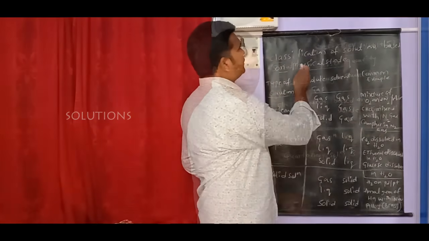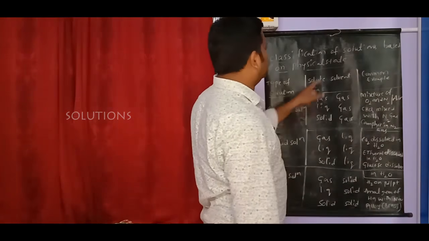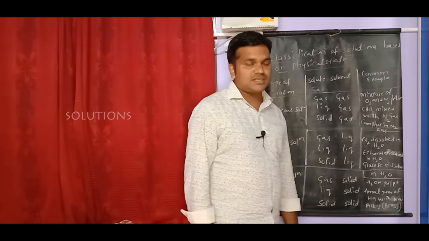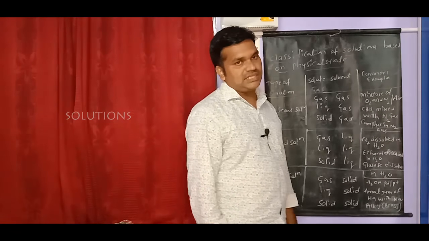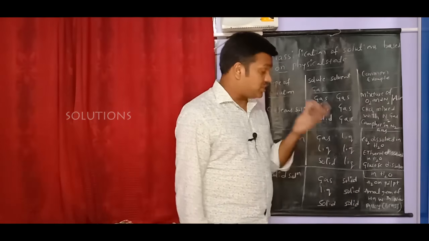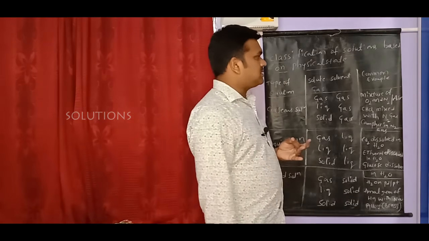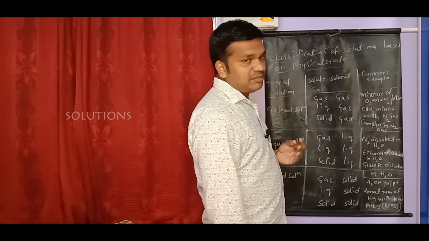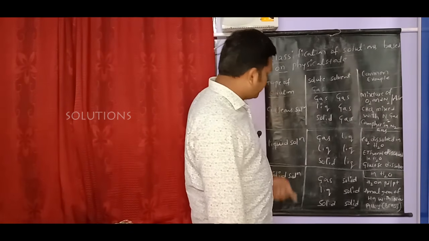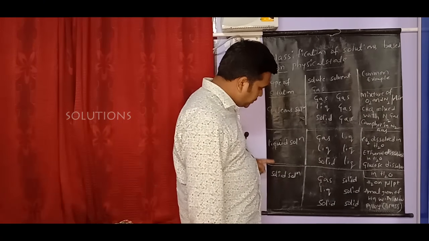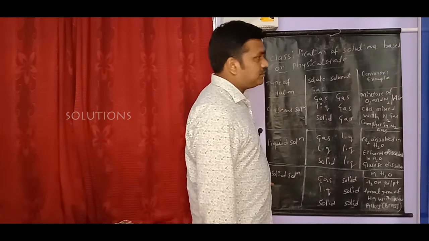Now the classification of solutions based on physical state. You already know matter exists in 3 physical states: solids, liquids and gases. Based on physical state, solutions can be classified into 3 categories: gaseous solution, liquid solution and solid solution.